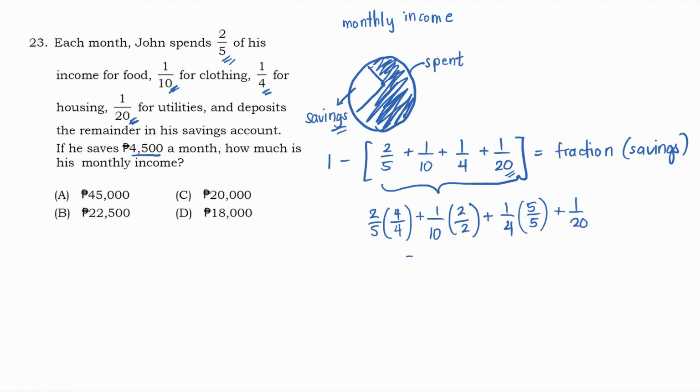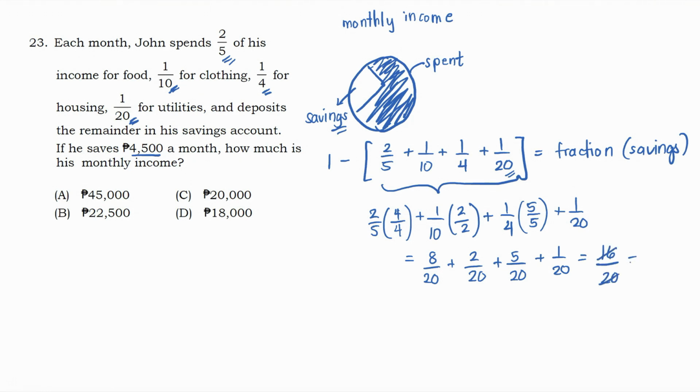So, equal siya sa 8 over 20 plus 2 over 20 plus 5 over 20 plus 1 over 20, which is equal to, so 8 plus 2 is 10 plus 5, 15 plus 1, 16. 16 over 20.